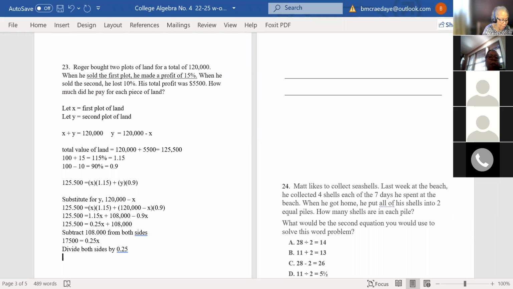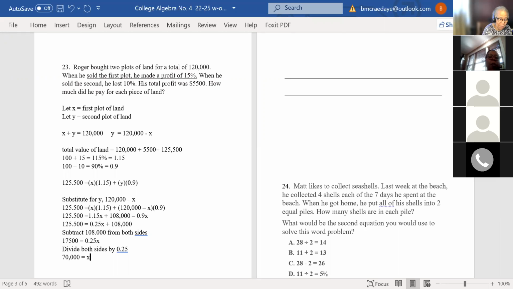So what's 17,500 divided by 0.25? 70,000. That's correct. 70,000 equals X. So one plot of land costs 70,000, so you know what the other one costs.